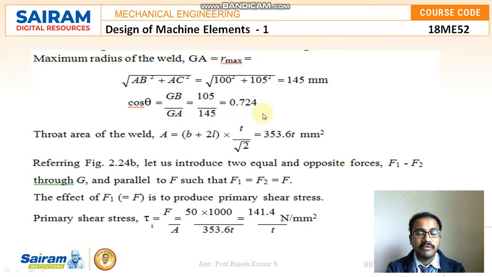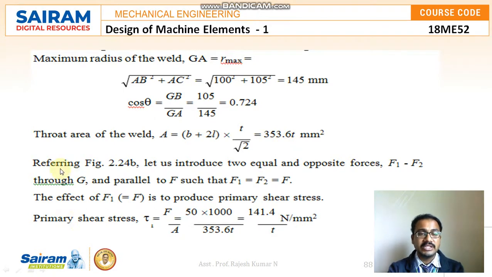The throat area of the weld A is equal to (b plus 2L) into t divided by root 2. After simplification I get the throat area of the weld A equal to 353.63 mm square.